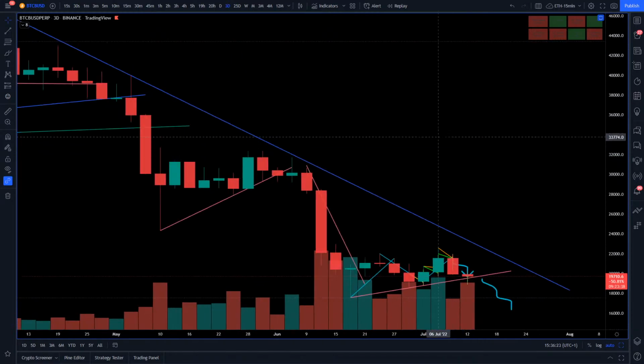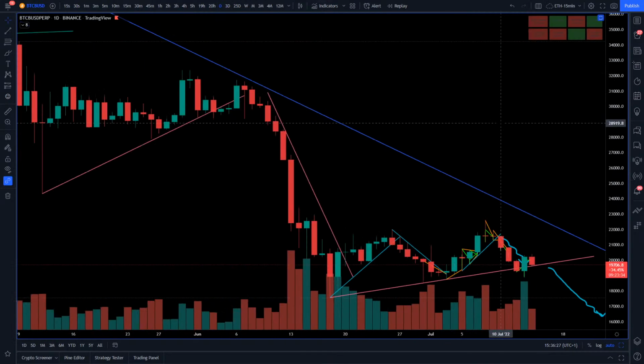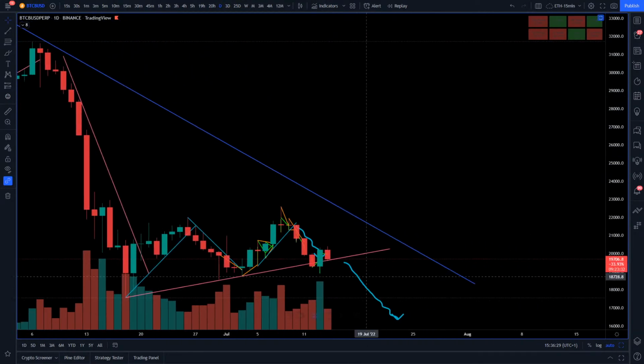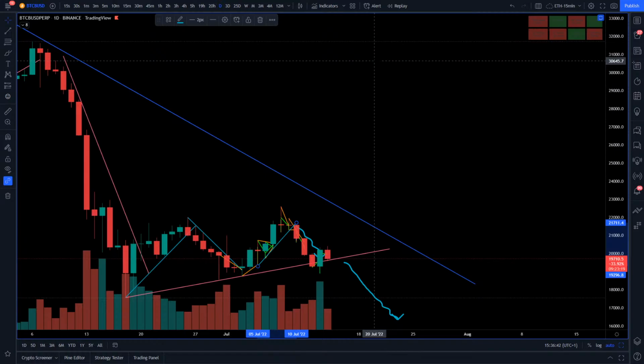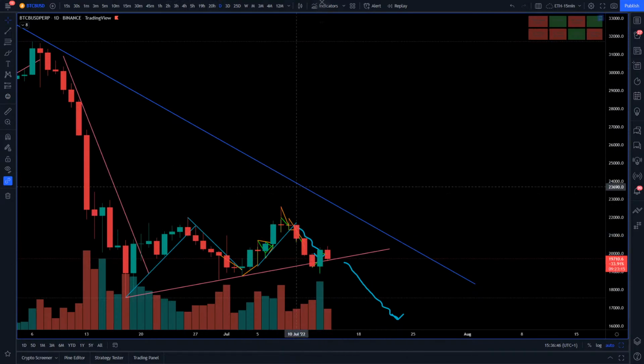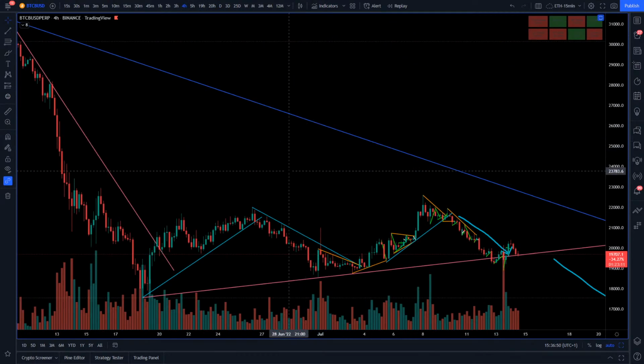So where is price going in the near future? In the near future, we can see that this is the line that I drew when we were back at the top, and then there was a breakdown of this line, and we are now coming down. Let's look at the details.